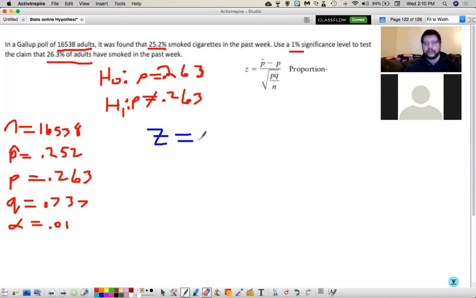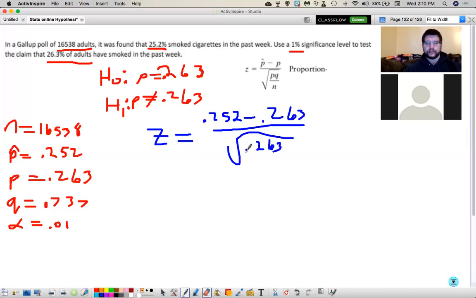Z-score for the test statistic is 0.252 minus 0.263 over square root P times Q right here, 0.263, that's a decimal, times 0.737 over, N is really large here, 16538.